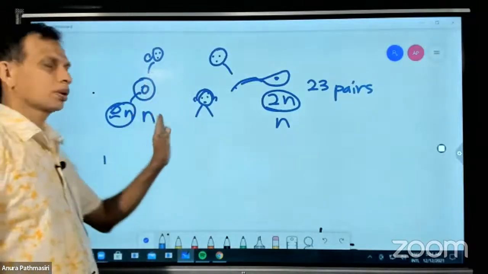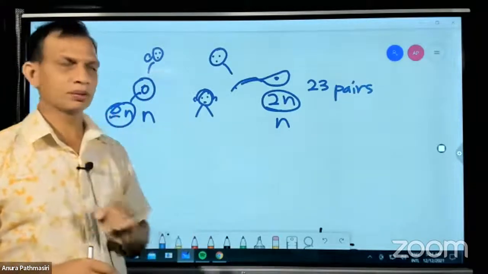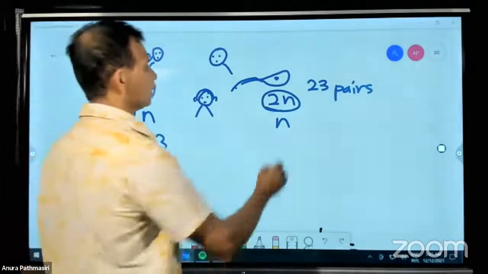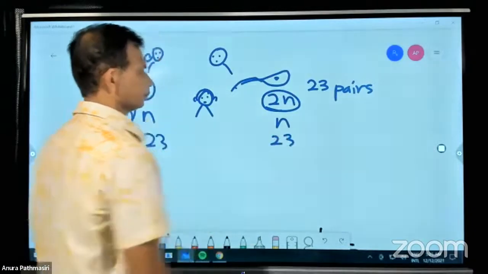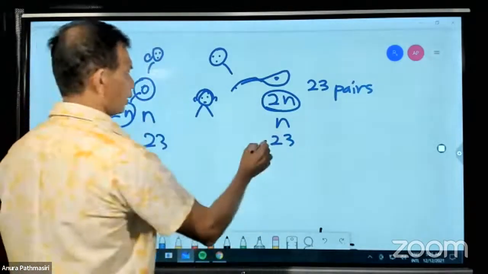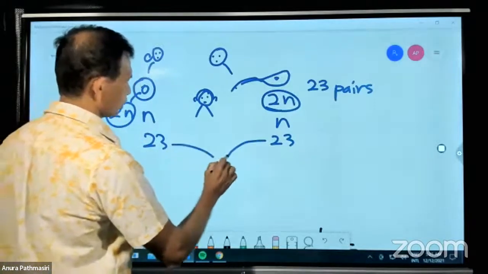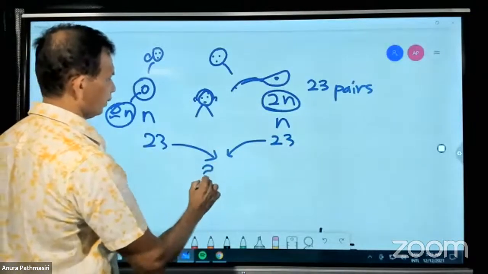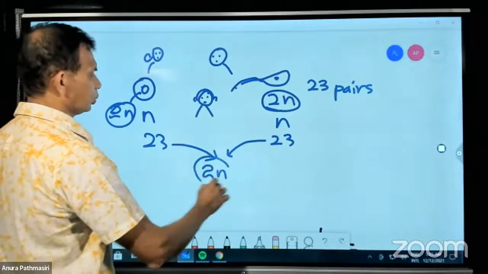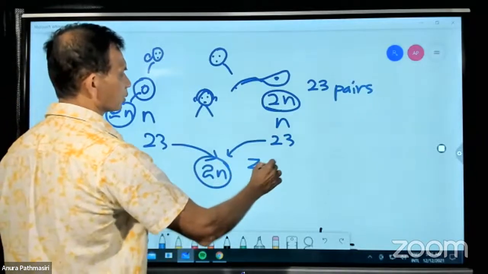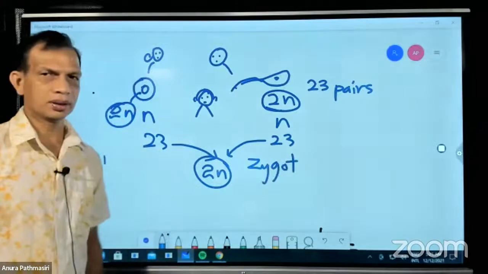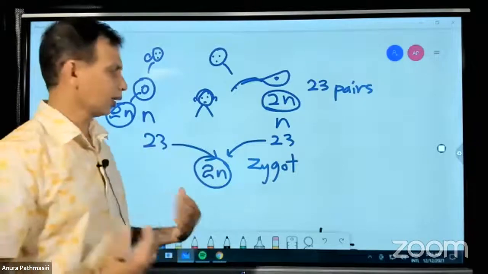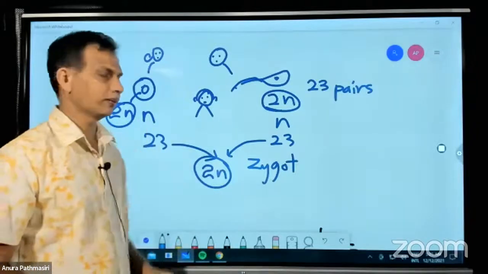Mother's ovum has 23 chromosomes, and father's sperm has 23. As a result of sexual intercourse, these two combine, and a new 2n zygote, one cell, is produced. That is where our life starts, from one cell.